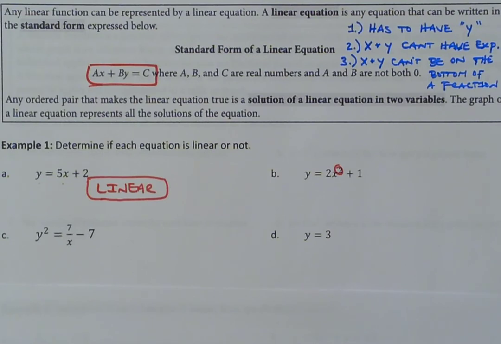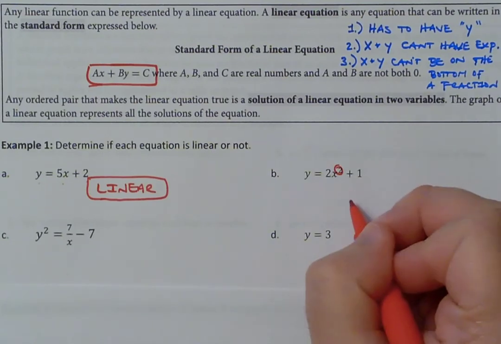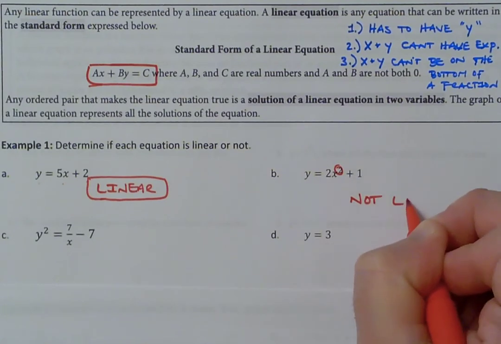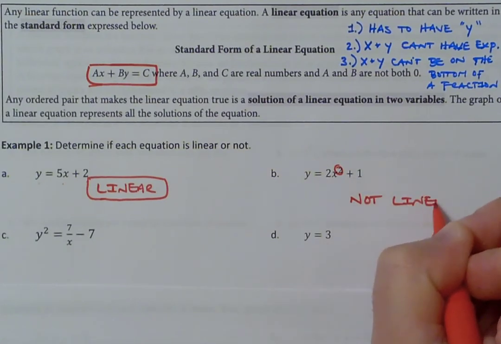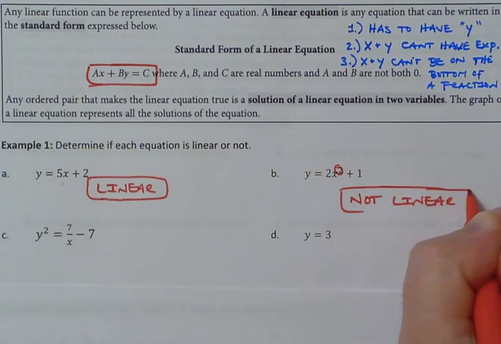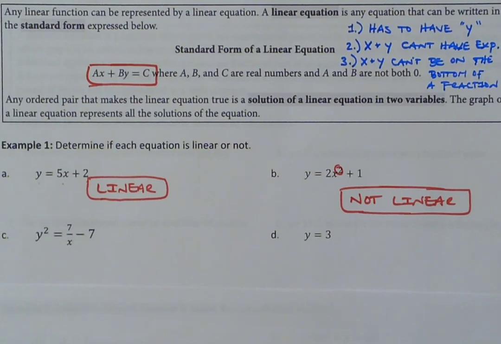So because that's to the power of 2, that fails that part, so that means this is not a linear equation, so it's not linear. This particular one would result in a parabola, which is a U shape. It's not a straight line.